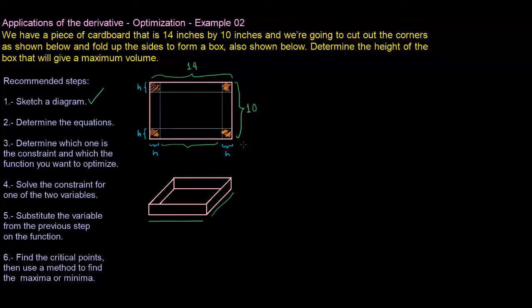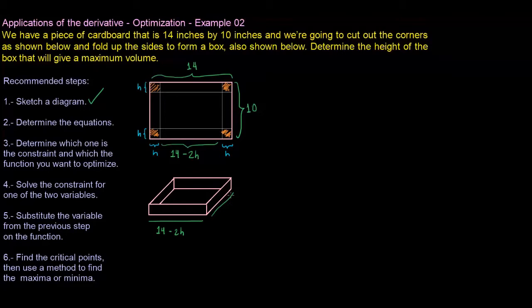Now this length here, we can find it out by saying this whole length would be a total of 14 inches. But we are subtracting this h and this other h, so it will be 14 minus 2 times h.